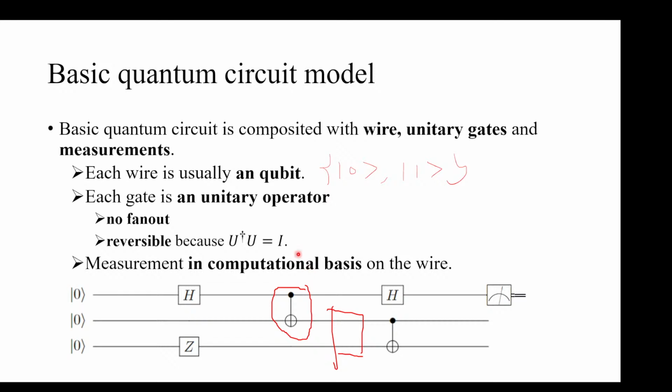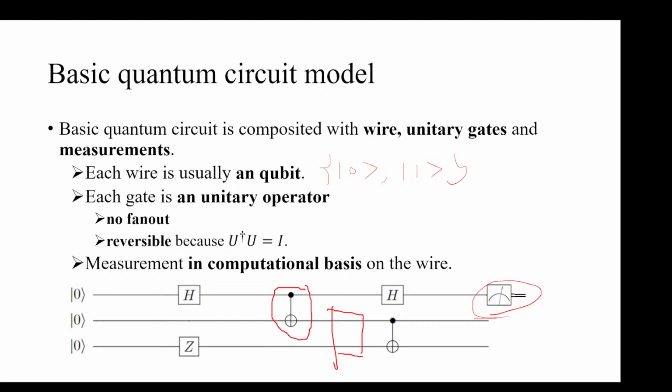So you have the wires that are qubits and the gates, and then there is something you don't have in classical computation: measurement. Measurement is a weird thing. This is what we mean by measurement. When you put the measurement on some wire, it means you measure this wire.